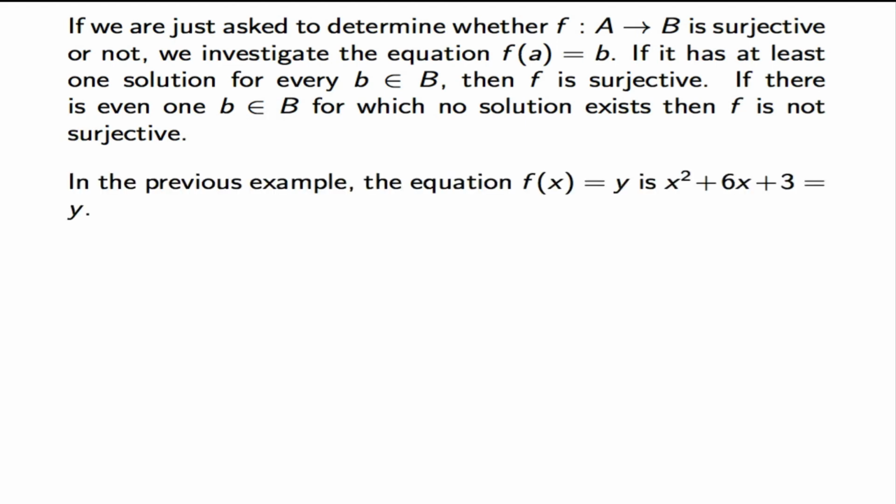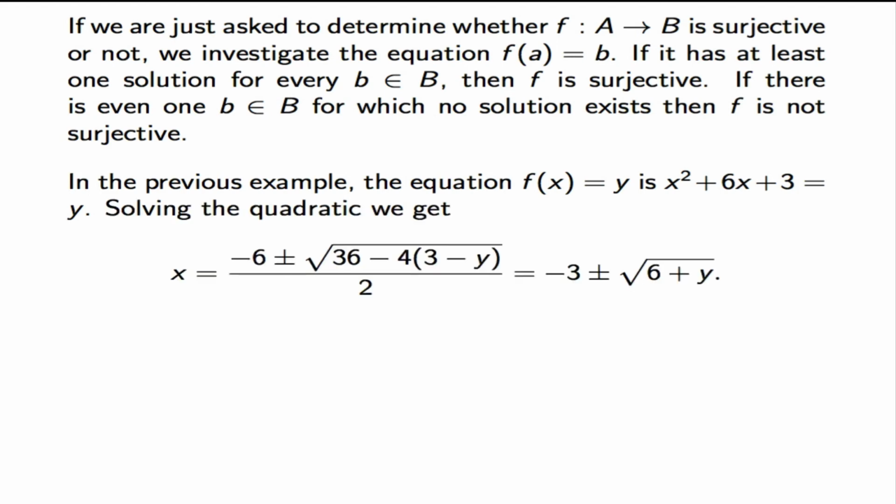So in the previous example, we have to investigate the equation f of x equals y. f of x was equal to x squared plus 6x plus 3, so we investigate the equation x squared plus 6x plus 3 is equal to y. And we can solve the quadratic, and after some algebraic manipulations, we get that x is equal to minus 3 plus or minus square root of 6 plus y.